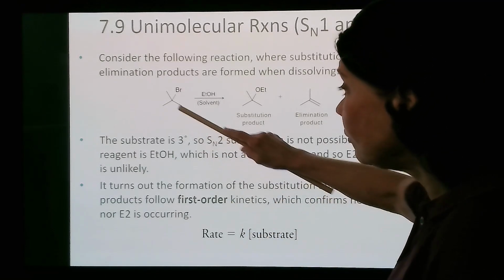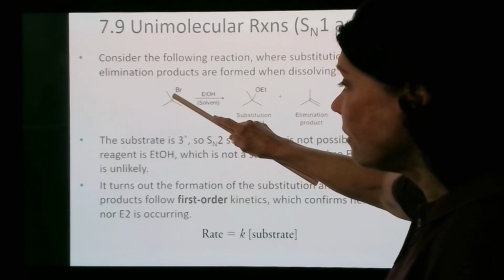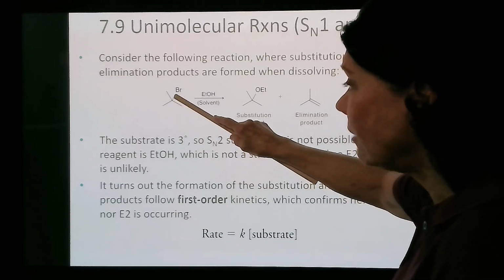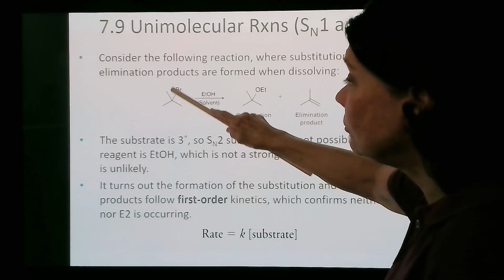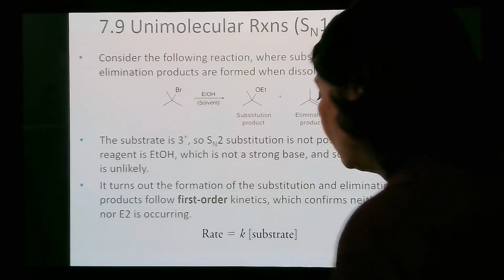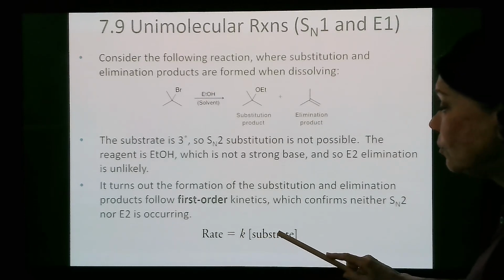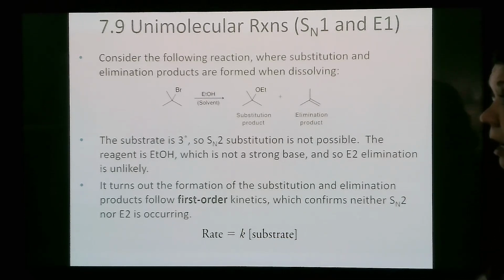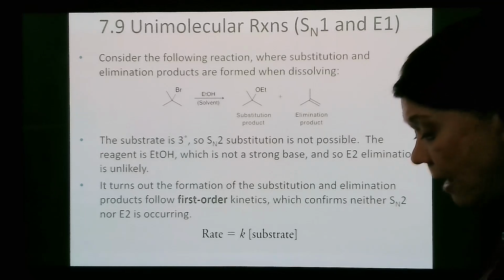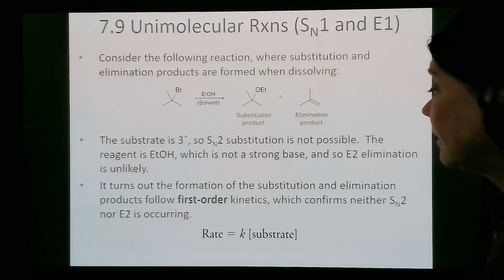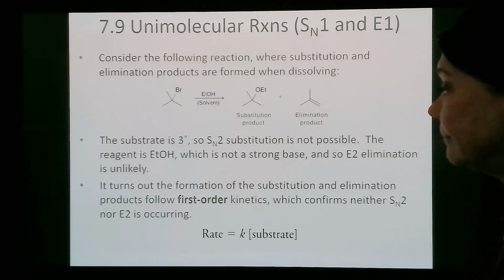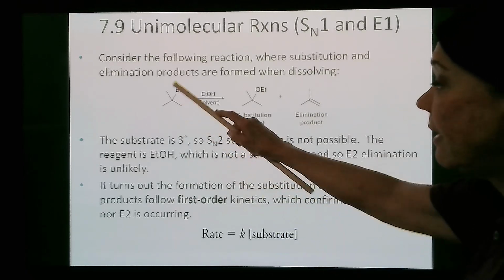The rate is going to depend only on this one molecule as it falls apart. It's simply going to lose bromide and form the carbocation. So the rate is proportional to the concentration of this substrate, the alkyl halide: first order kinetics.